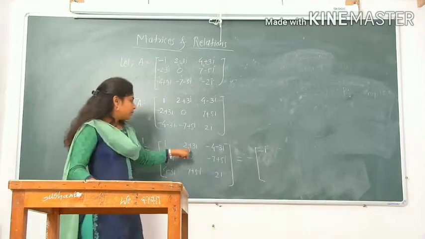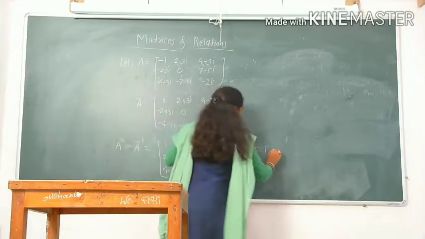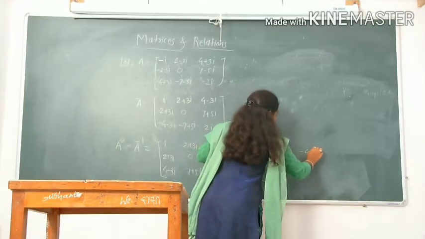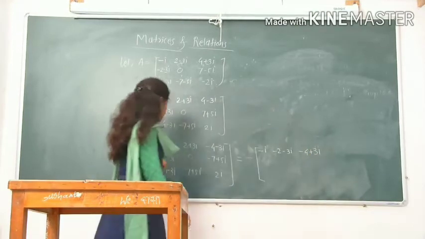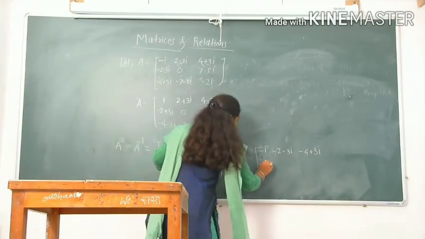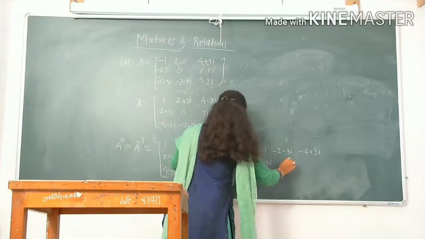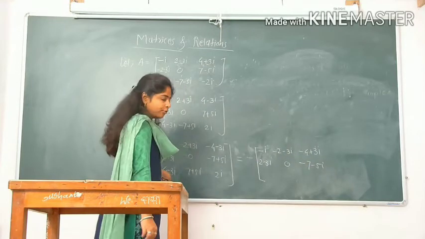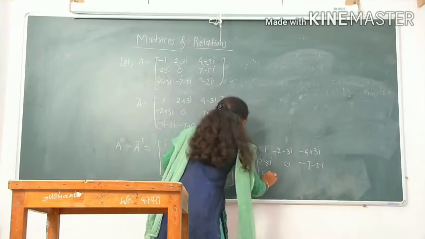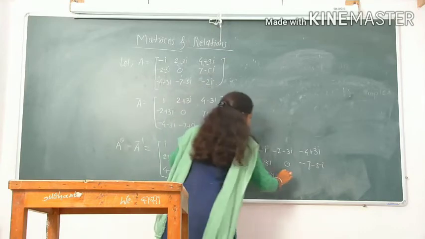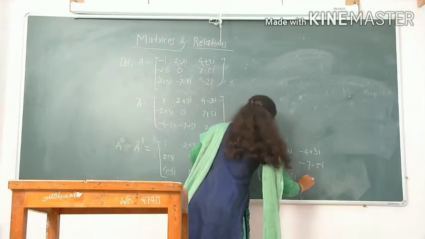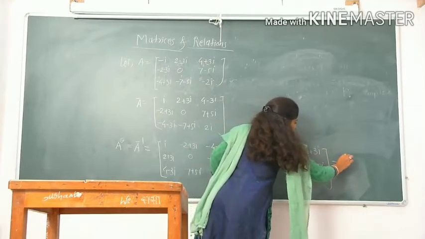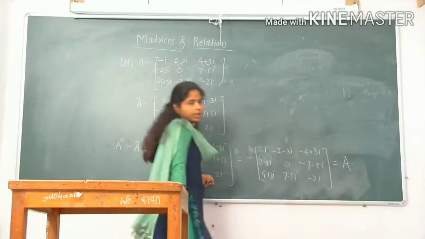So minus i times the matrix with entries -2 -3i, -4 plus 3i, 2 minus 3i, 0, -7 -5i, 4 plus 3i, 7 minus 5i, -2i. But see that this is nothing but our A.